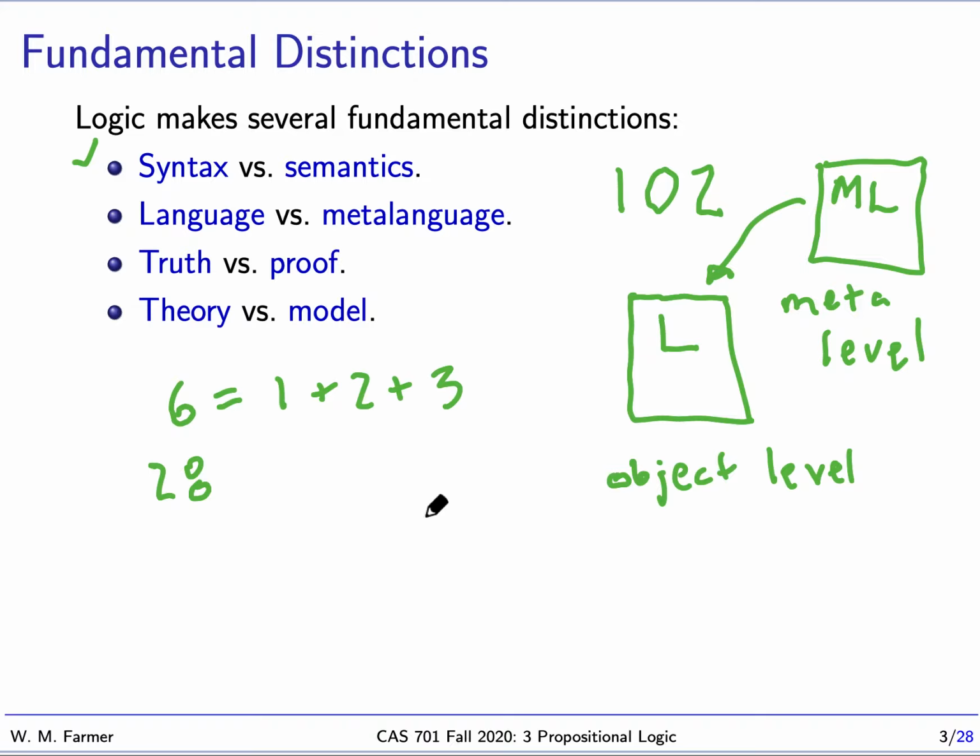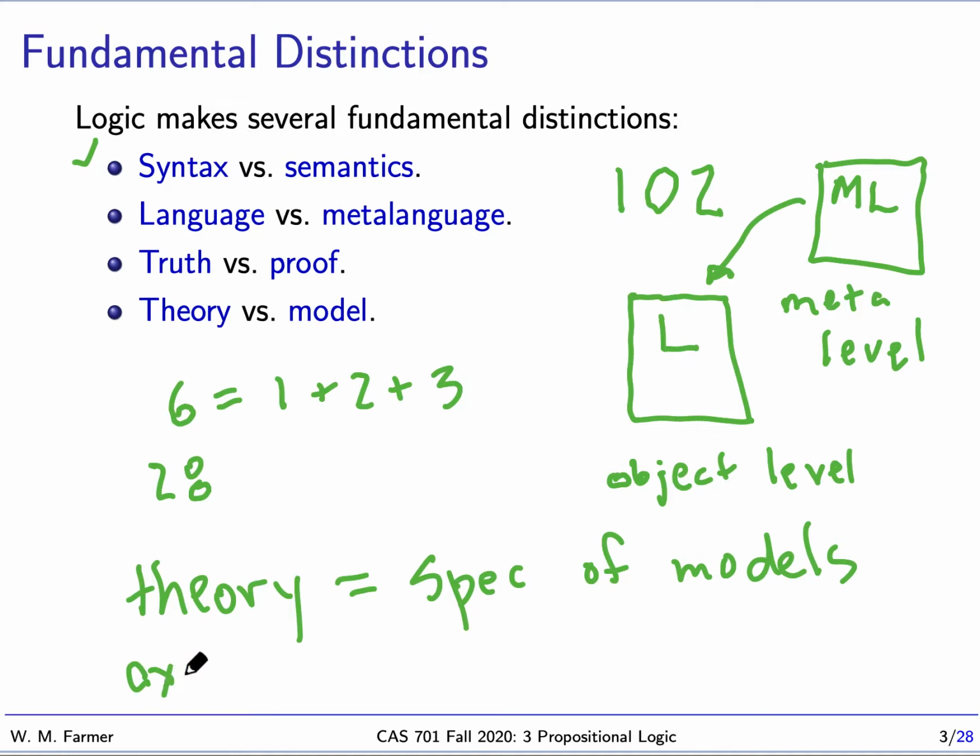And we're usually going to think of axiomatic theories. We'll define what that is later. So we're going to think of axiomatic theories, and we're going to think of models as being mathematical structures.